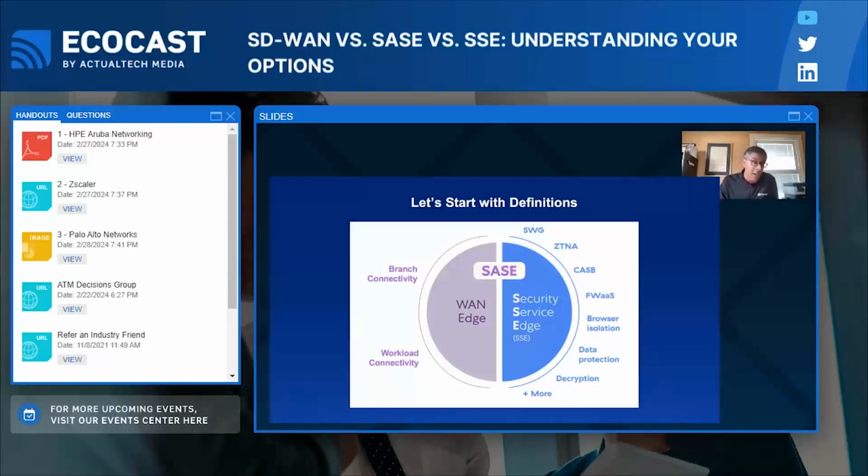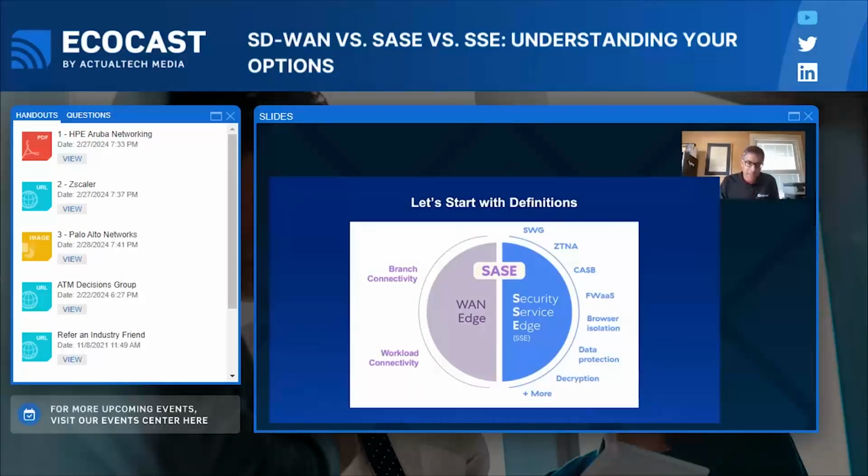SSE in and of itself is comprised of a number of technologies, including things like secure web gateway, zero trust network access, cloud access security brokering, etc., that comprise essentially a cloud-based model to provide these services to wherever the user is or as close to the user as is possible, hence the word edge, and deliver that security service from that point.